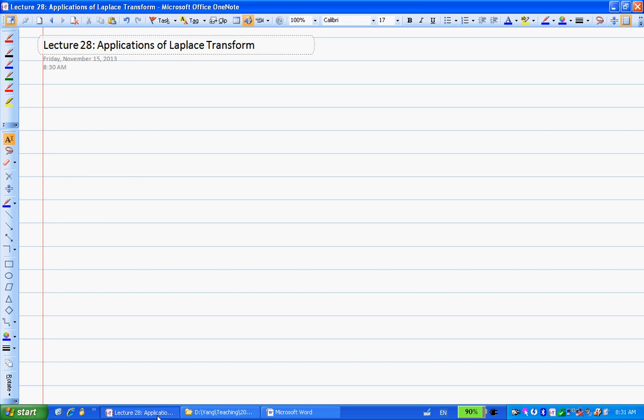So in last lecture we introduced a new concept called the Laplace Transform. The definition, basically: given a causal function f of t, we're going to do an integral type of transform.